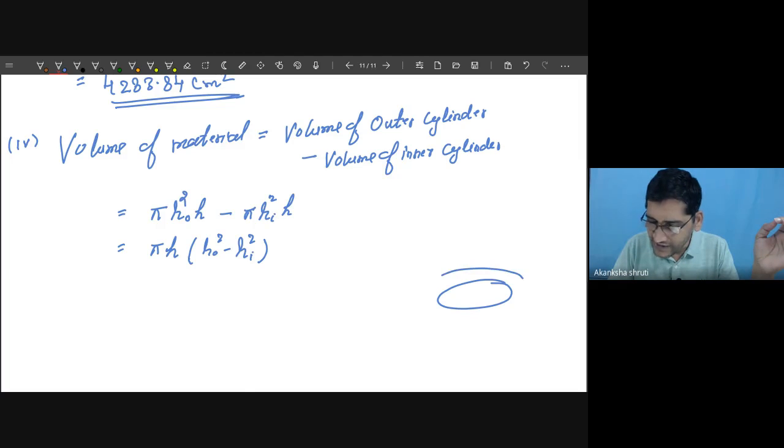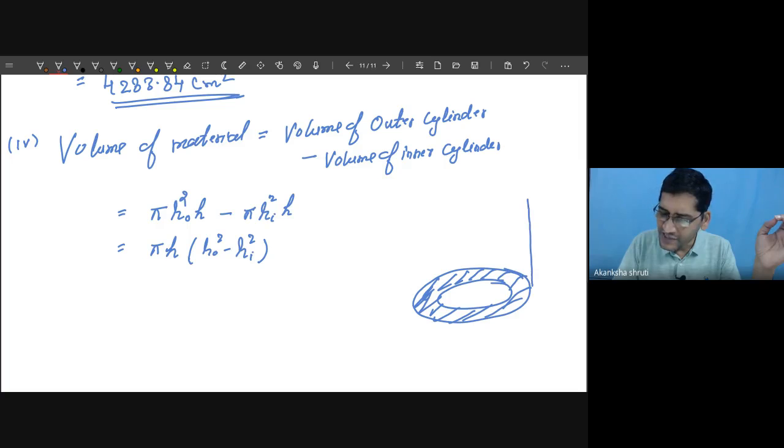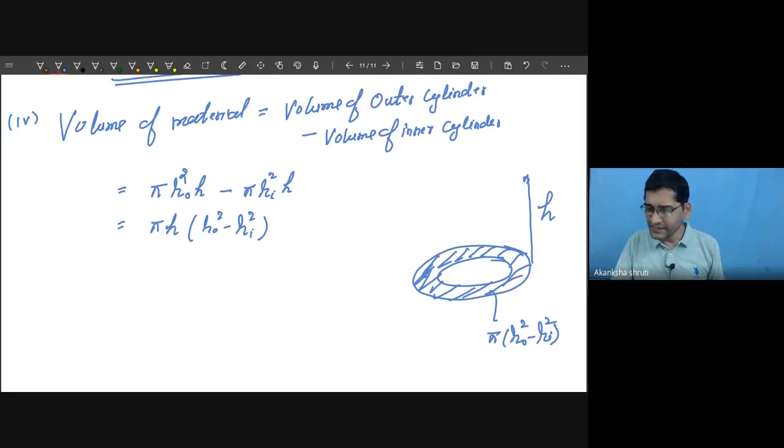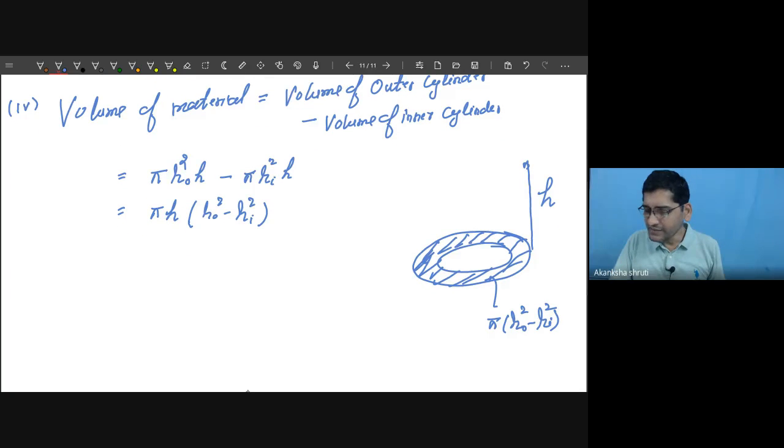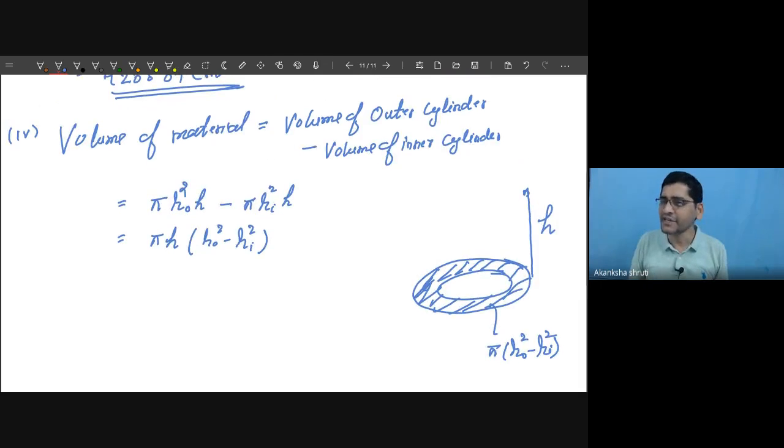Or you may understand this in another way, students. We had calculated this annulus space, this one, and this space has to be raised how much? The height h. So this we had calculated earlier as pi r out square minus pi ri square. So if this annulus area or circular band is multiplied by height h, we get the volume, and we are getting the same thing.